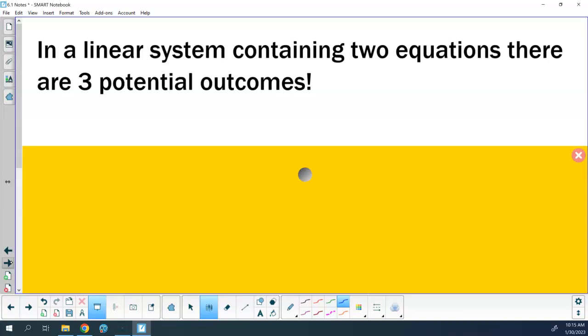If you think of one arm as a line and your other arm as your other line, there's only 3 different outcomes that you can have with your 2 arms. Okay? What are they? They could be parallel, right? Okay? So that's one outcome. What's another outcome?